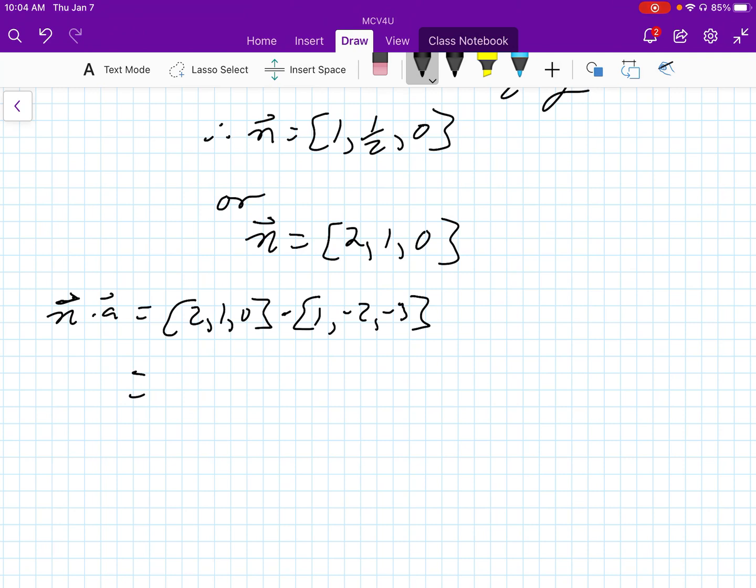That equals 2 minus 2, which equals 0. So it's perpendicular to A. We can check that it's perpendicular to B as well, so we know it's perpendicular to the whole plane.